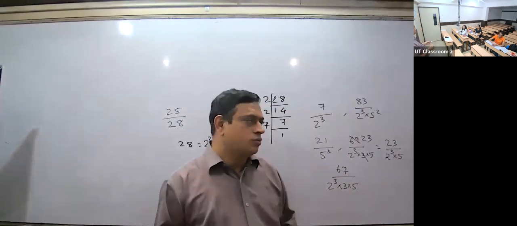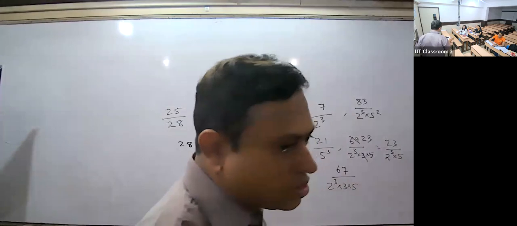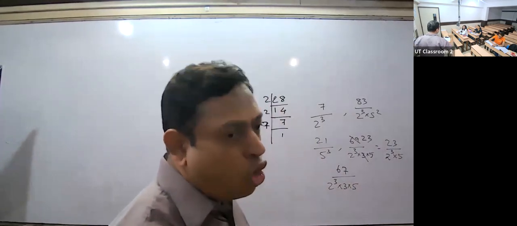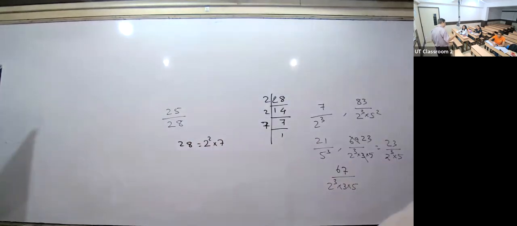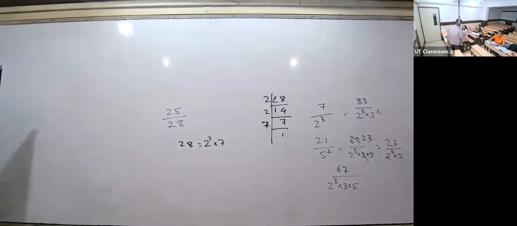What is the meaning of the denominator having factors of 2 or 5? It can be 2 only, 5 only, or both 2 and 5. Then it is terminating. If it contains some other factor other than 2 or 5, then it is recurring.